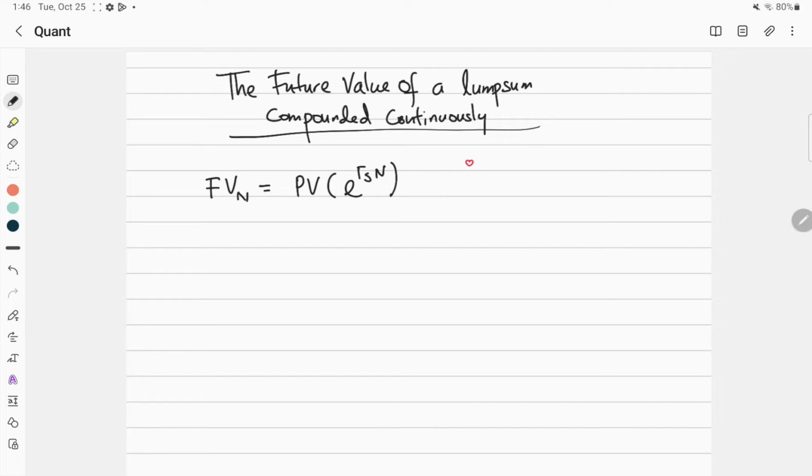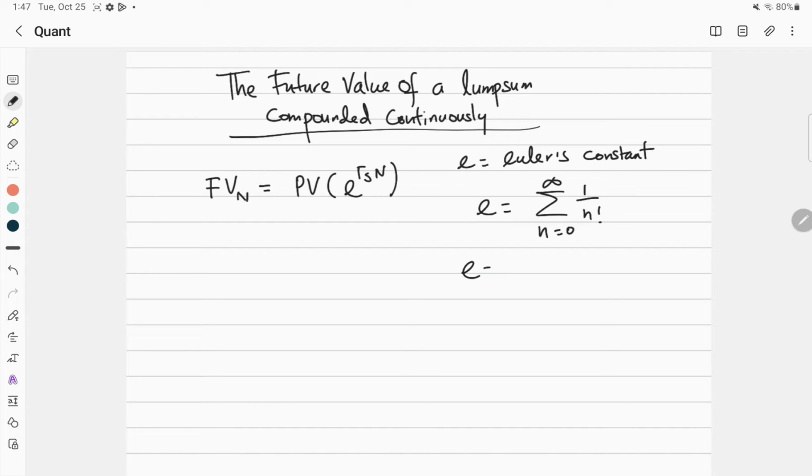E is called Euler's constant in mathematics, and this constant is the base of the natural logarithm. It's given by the sum, n from 0 to infinity, of 1 over n factorial.